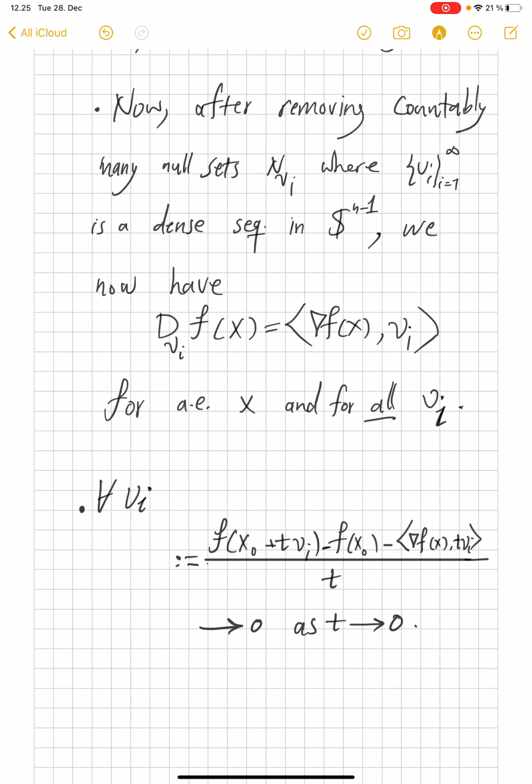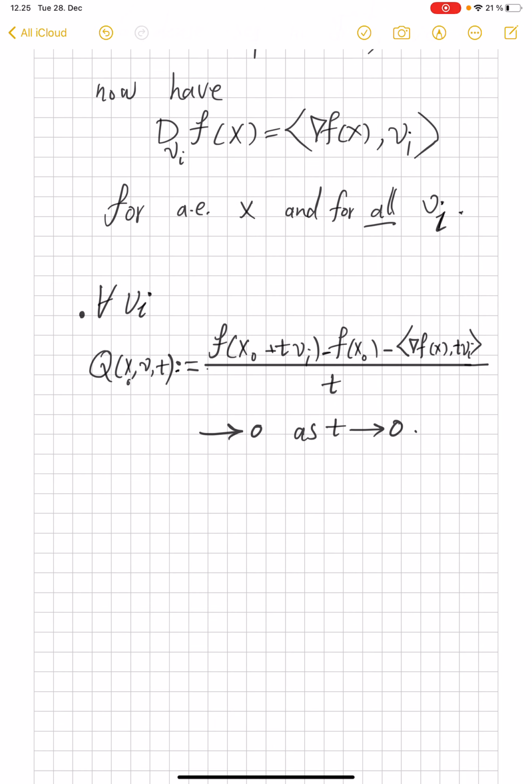And let's give this quantity a name, and that is q_x. It depends on x0, it depends on v, and also on t. We know that for one single vi, this goes to 0. It does not happen simultaneously for all vi.